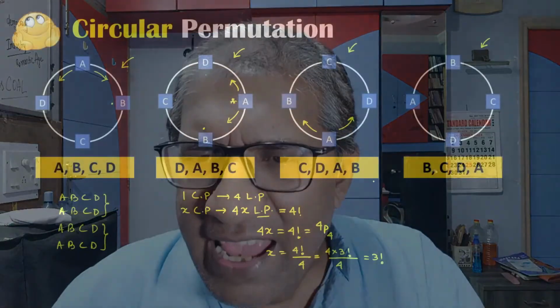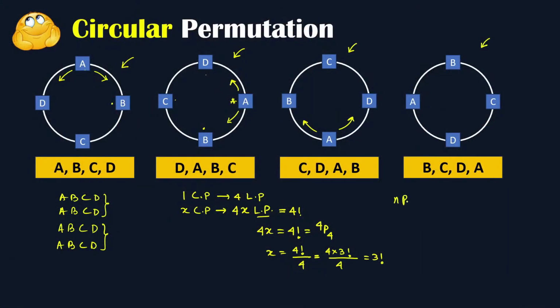We can say if there are n people sitting around a round table, then the total number of circular permutations will be (n minus 1) factorial. Is it clear or not? This can also be written in this way. Circular permutation can also be written as nPn divided by n, which actually gives us (n minus 1) factorial.